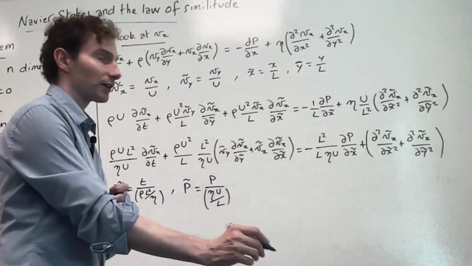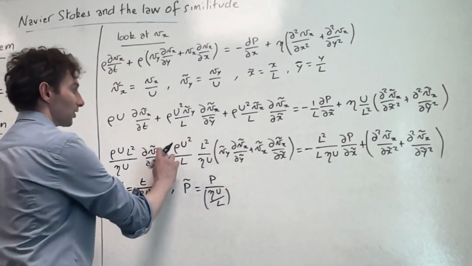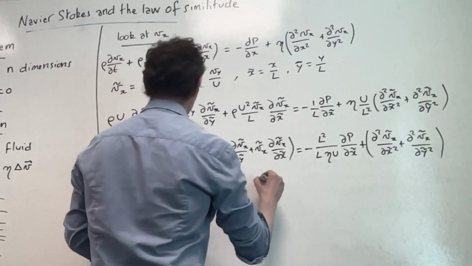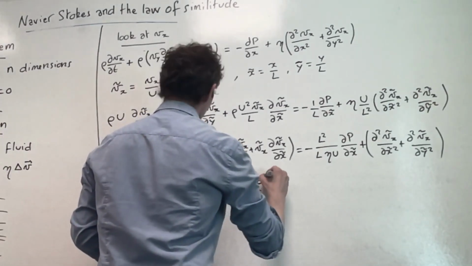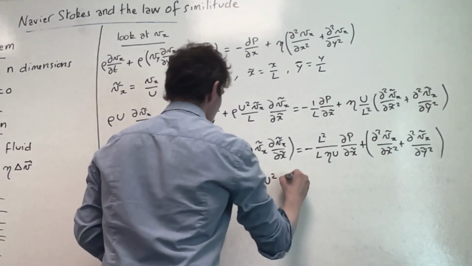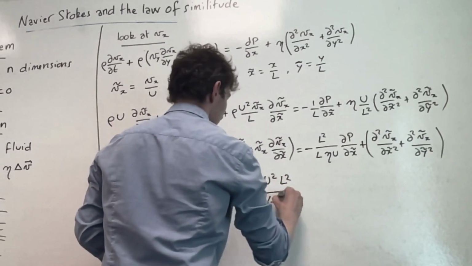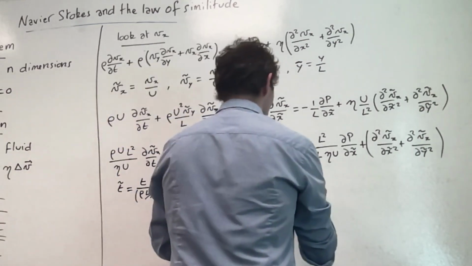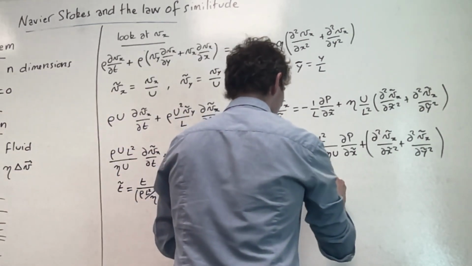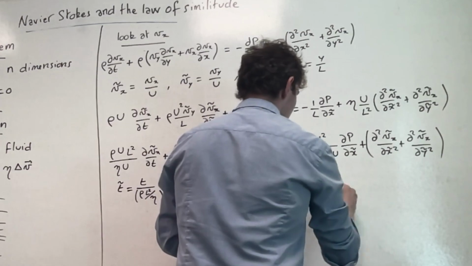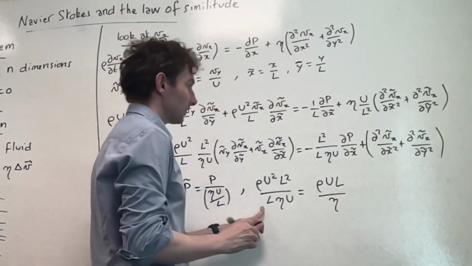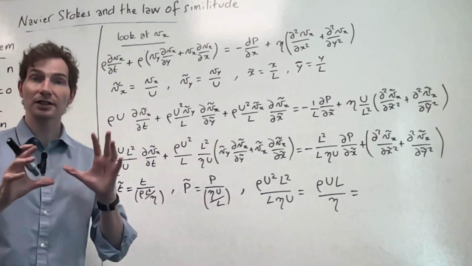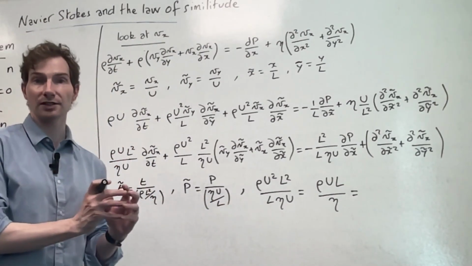And the final one that I will introduce is basically what comes out of that stuff. So I'm going to say rho u squared L squared divided by L eta u is basically going to be equal to rho u L divided by eta.